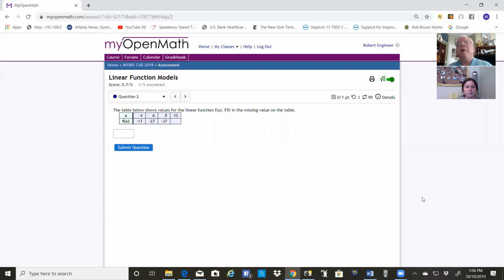You go down 10. And then you go from 6 to 8, and you go down 10 also. So the slope of this is -5 per every 1, or -10 for every 2 that you go down. So you're going to go down another 10. So it's going to be -47. Should be correct.